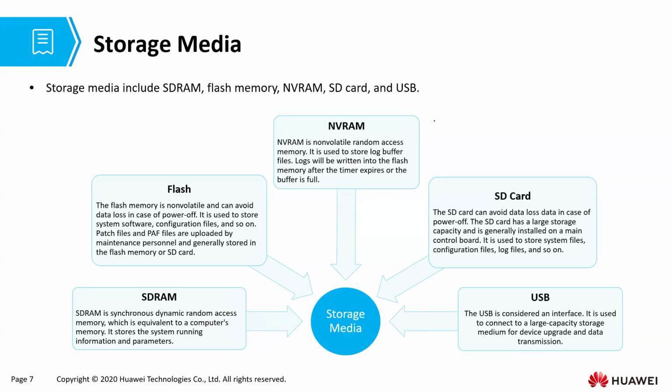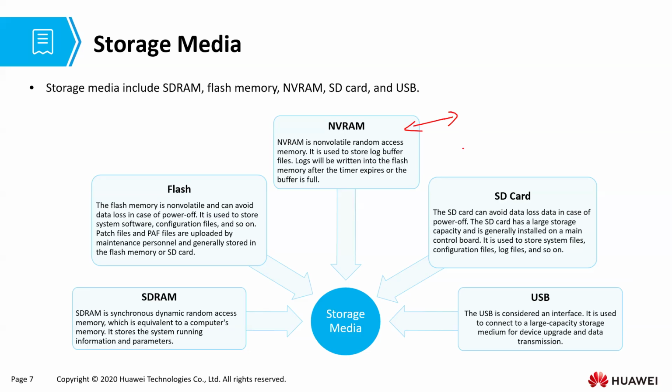It's a bit different from what I thought, since I thought it would be the same as Cisco devices, where the NVRAM is usually used to store the startup configuration files, but here it's a bit different. I think it all depends on the architecture of this specific vendor. So the NVRAM here is used to store log buffer files.